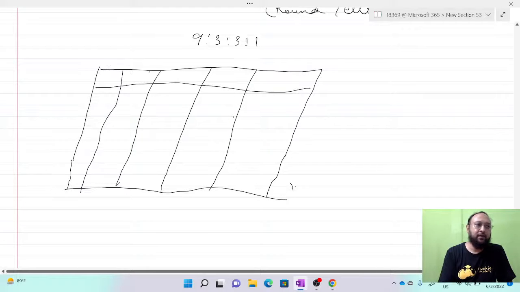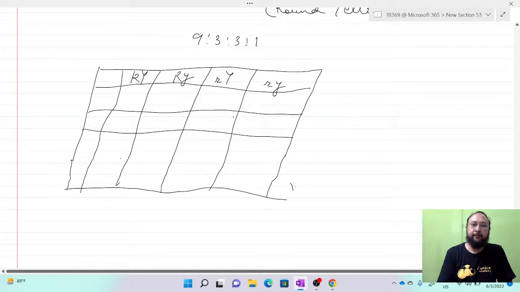So here the gametes are RY, then capital R small y, small r capital Y, and small r small y. Again here also. Here it will be capital R capital Y, capital R small y, small r capital Y, and small r small y.